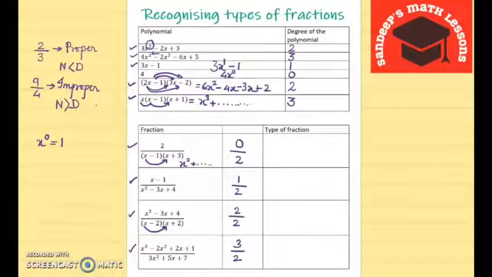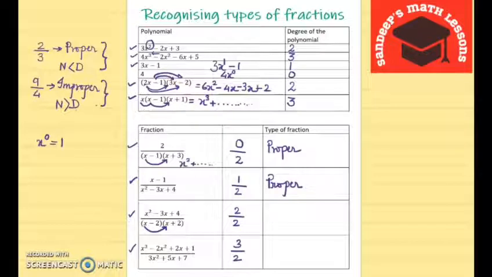Now, if we look at these two, the rule is the same. If the degree of the numerator is smaller than the degree of the denominator, we will call it a proper fraction. So, due to the same reason, this one also will be a proper fraction.